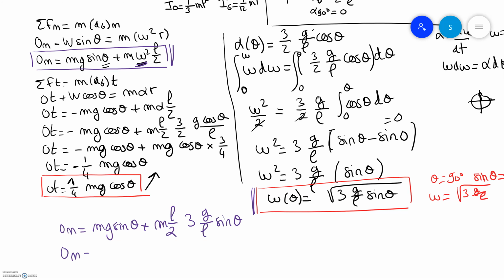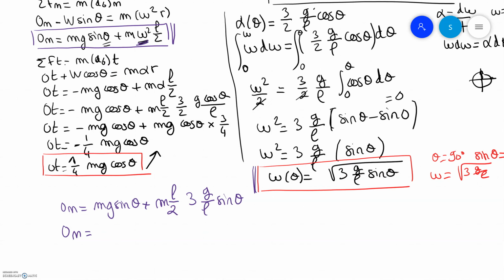So ON is equal to mg sine theta plus 3/2 mg sine theta.